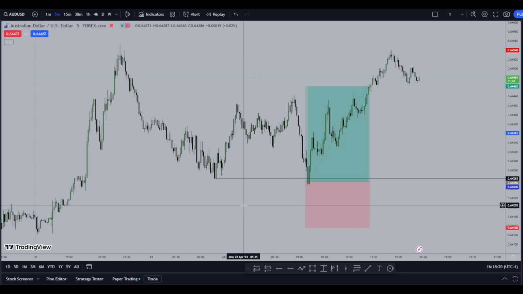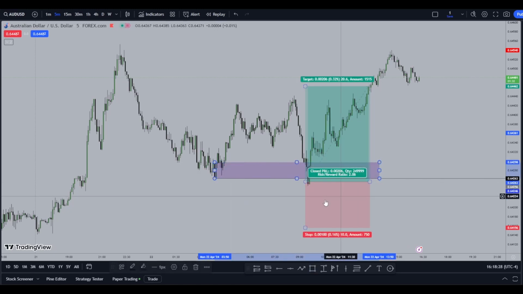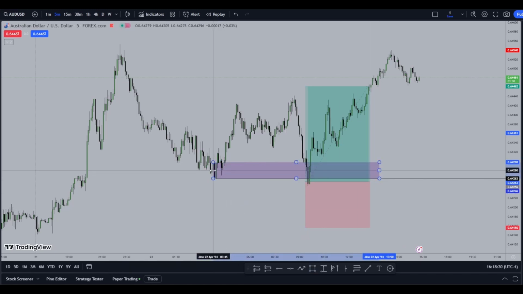But the thing is, we are finding supply and demand to find out where the stop losses are. So why should we find stop losses? Here comes the first thing, the definition of liquidity. The stop losses of lots of traders are called liquidity.